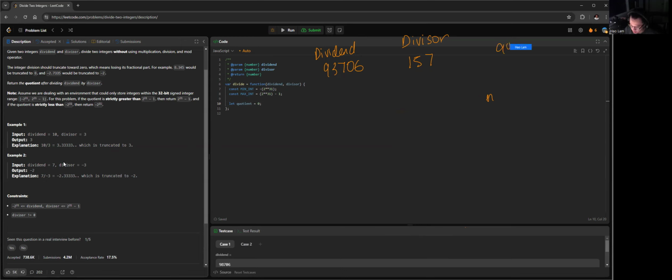But in this case, every time we double the divisor, up until it reaches the dividend, every time we double the divisor, the power of 2, the quotient will also increase by two times.